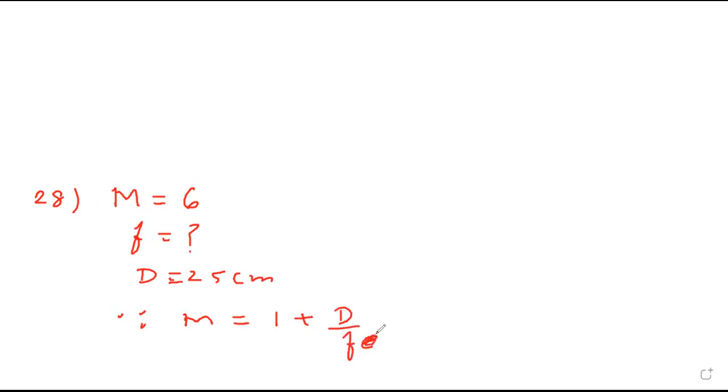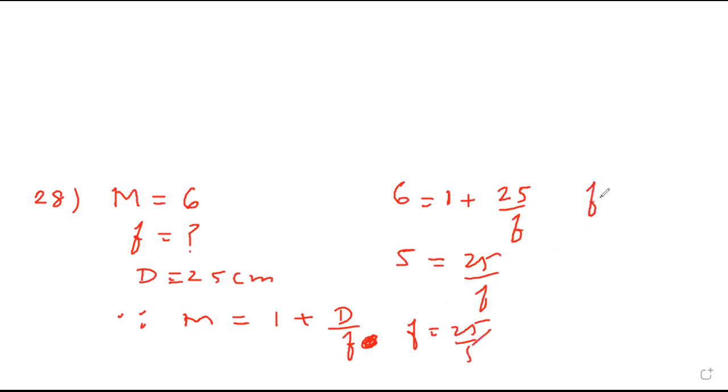So 6 equals 1 plus 25 by F. 5 equals 25 by F. So F is 25 upon 5, F equals 5 centimeter, that is 0.05 meter, option A. Any doubt in the sum? No, sir. So optical instruments are actually the easier part. Formulas are many that you have to remember.